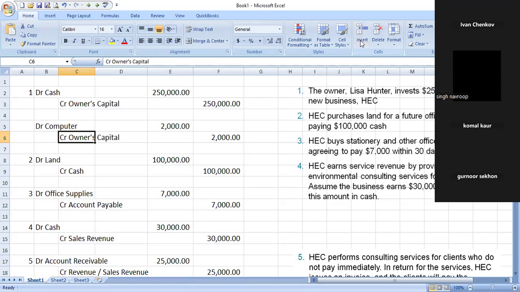Let me stop sharing this, and I'm going to give you another example here. On the Excel spreadsheet, the last Excel spreadsheet that we did with the link between the different accounts, let's go back here. Let me share my screen.